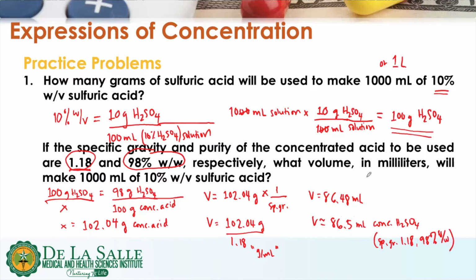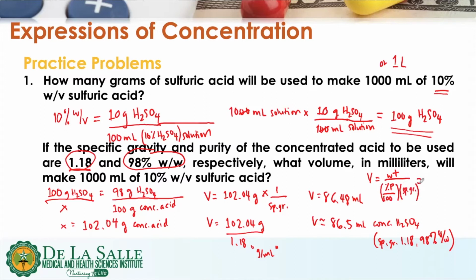Just remember the formula. Volume of the concentrated acid is equal to the weight of the acid divided by the percent purity expressed decimally, so we need to divide this by 100, times the specific gravity of the acid.